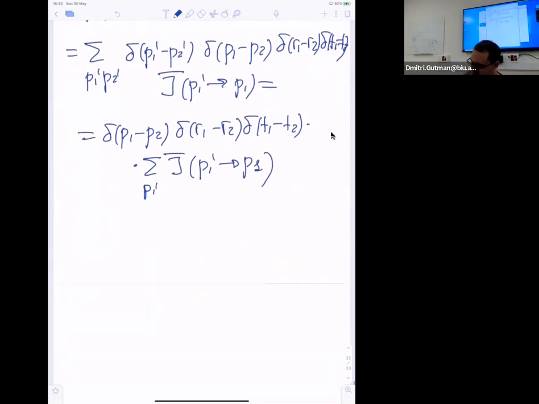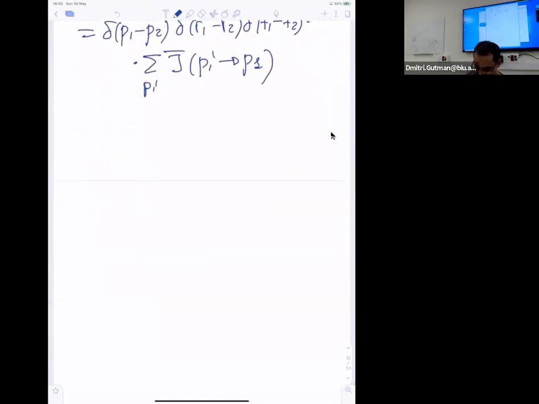Similarly, delta J minus P1 R1 T1, delta J minus P2 R2 T2.